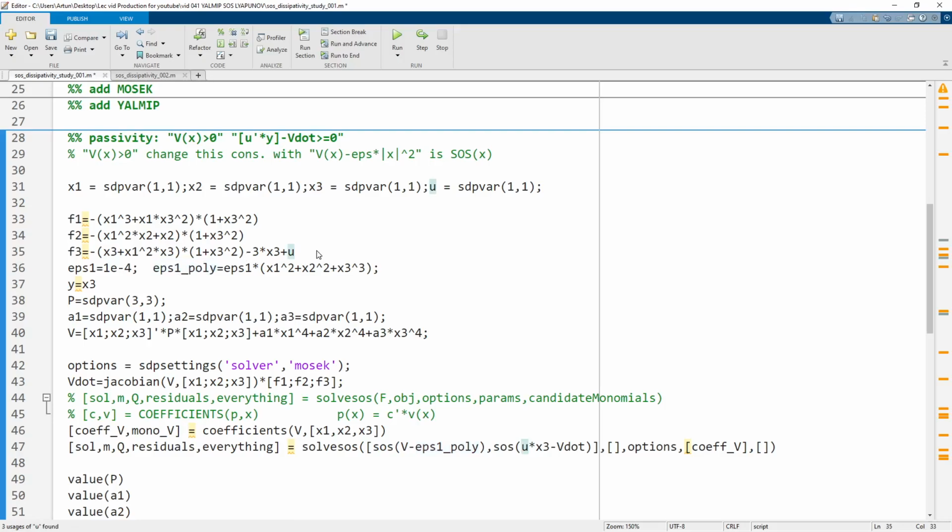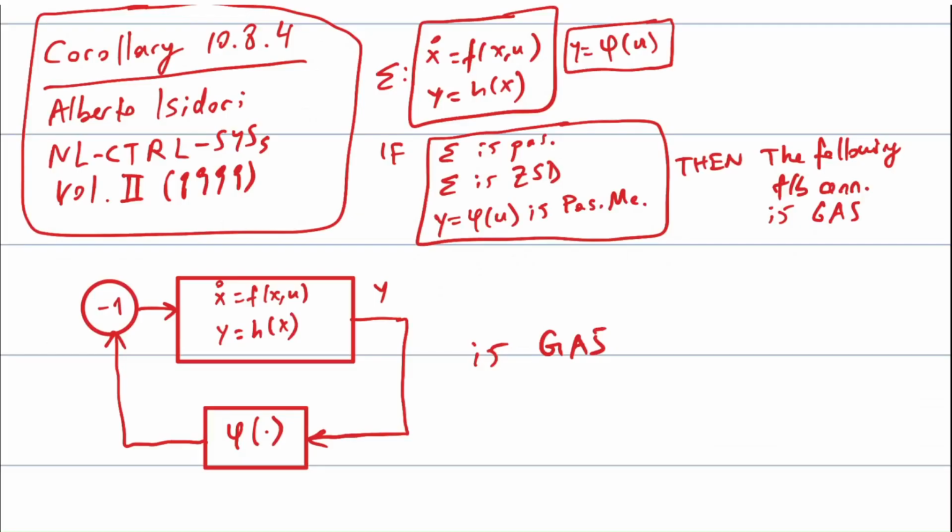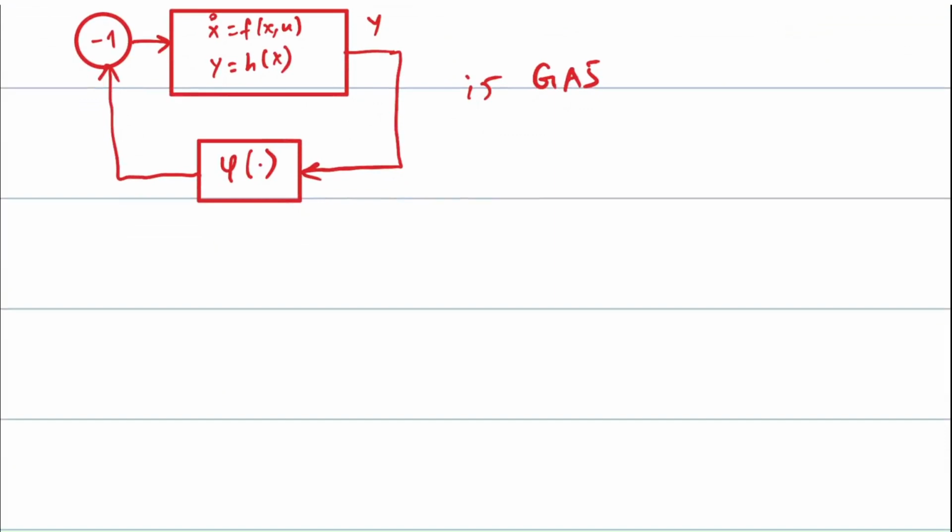We are going to employ a specific V of x, and let me write that down. Let's go back to the tablet. For this problem we will employ, did I make a mistake?